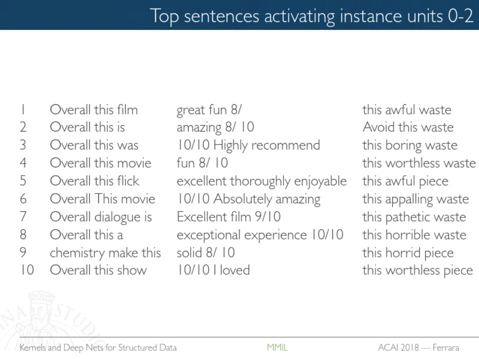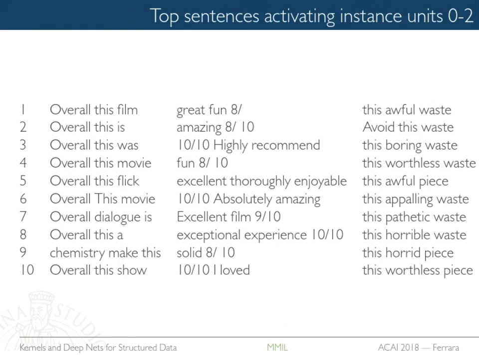So these are IMDb reviews. The problem here is to classify reviews as positive or negative for the movie. You represent a review as a set of sentences, and each sentence as a set of triplets of consecutive words. So it's a bag of bags.